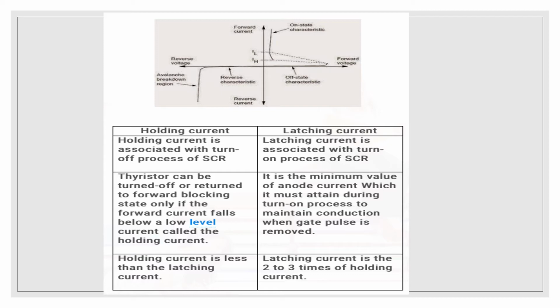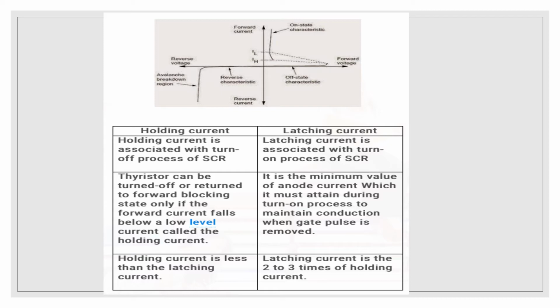For the holding current, the thyristor can be turned off, returned to the forward blocking state, only if the forward current falls below a level called the holding current. But the latching current is the minimum value of anode current which it must attain during the turn-on process to maintain conduction when the gate pulse is removed.